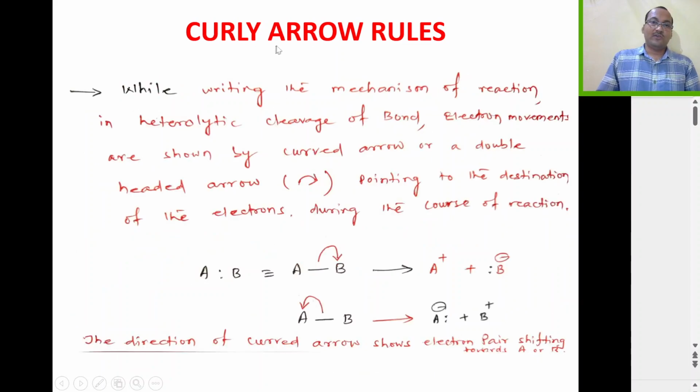Let's talk about the Curly arrow rules. While writing the mechanism of a reaction with heterolytic cleavage of a bond, the electron movements are shown by a curved arrow, or we can call it a double-headed arrow. This is the representation, the double-headed arrow pointing to the destination of the electrons during the course of the reaction.